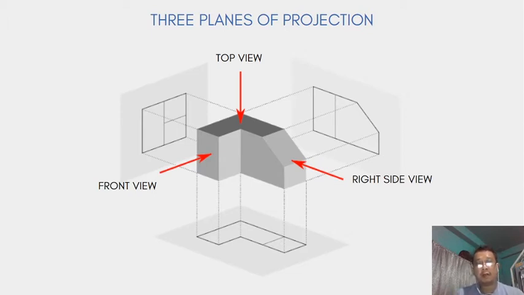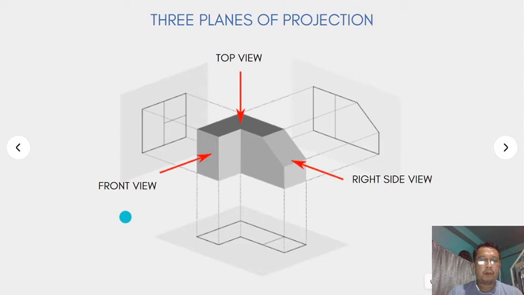In the middle of the slide, we can see the isometric drawing of the object. Then this is the top view of the object, this one is the right side view, and the next one is the front view of the object.